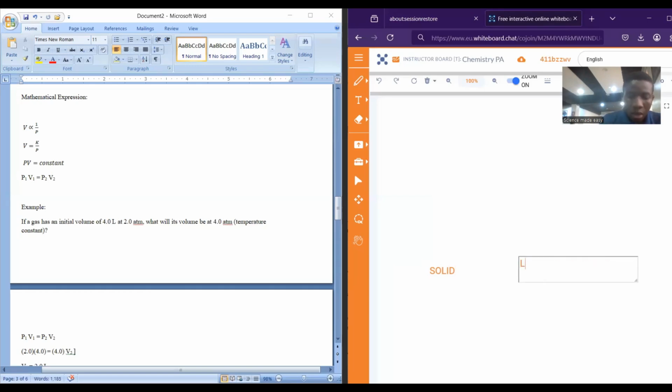Liquid. No, let me write gas there. Let me write gas. Let me write liquid in the middle here.